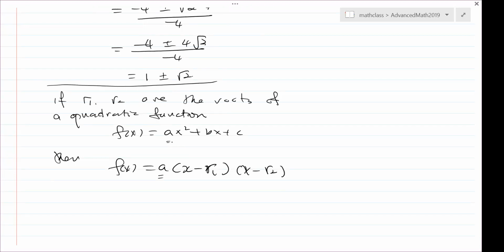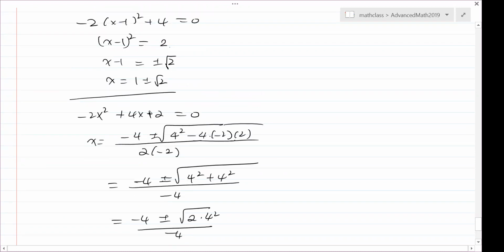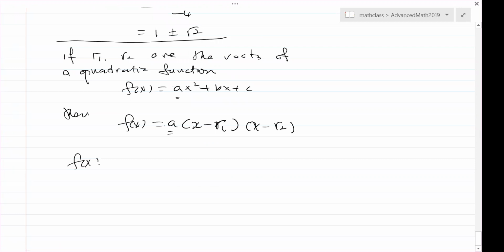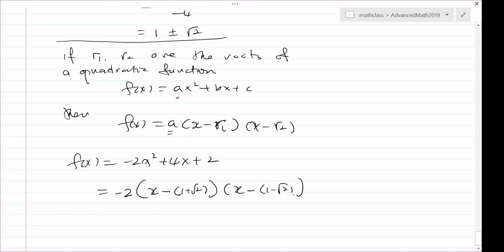So for our problem above, f of x equals negative 2x squared plus 4x plus 2. Since you already know the 2 roots, you can take the 2 out, and then x minus the first one, 1 plus square root 2, and x minus the second one, 1 minus square root 2.